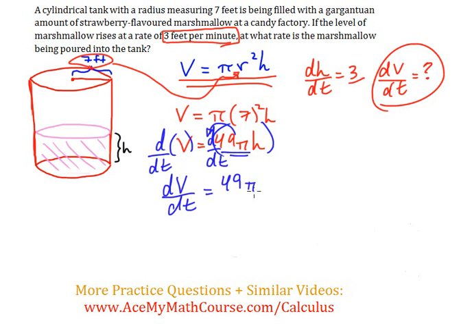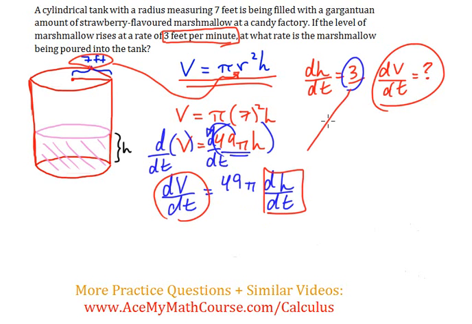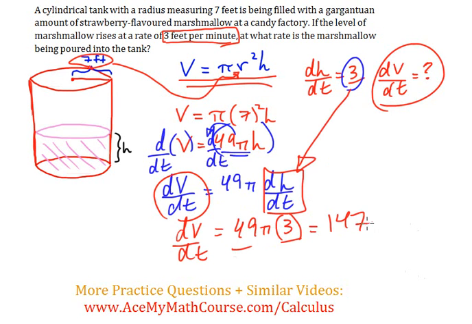So I got 49 pi, and d/dt of H is dh/dt, which we already know. Fantastic. Now, that's what we want to find out, and dh/dt is just 3. So dV/dt will be equal to 49 pi times 3. 49 times 3 is 147 pi.